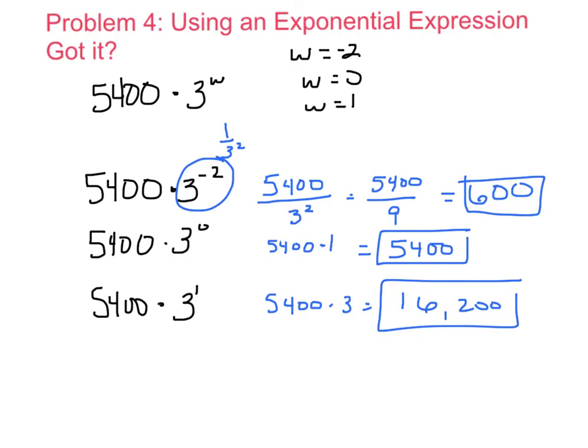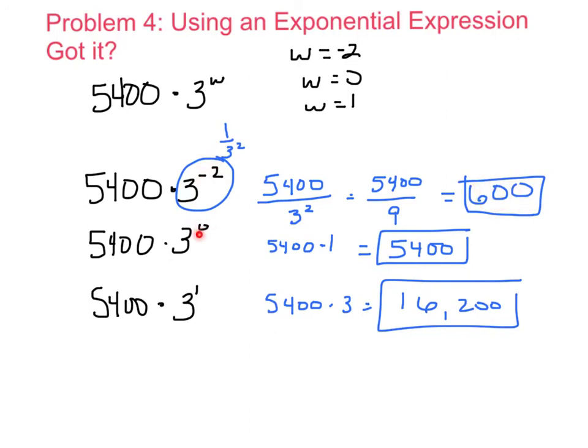So in the word problem, here's what this means, because these numbers mean nothing to you until you put them into an actual word problem, or until you put labels on them. So what did W represent? It said W is weeks, and this is the population. So we're talking about insects. So this means, like 2 weeks ago, there would have been 600 insects.